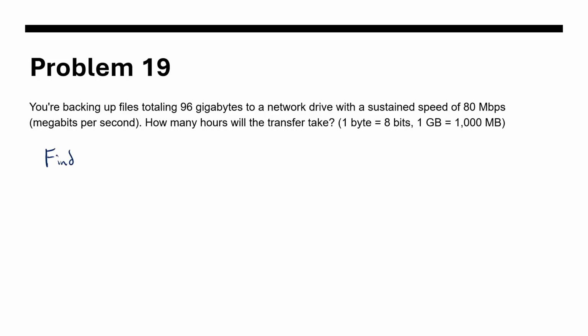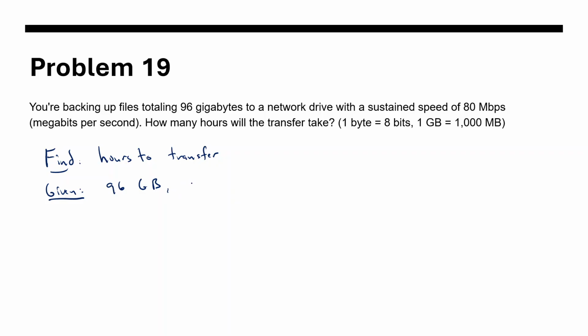What are we trying to find? We're trying to find hours to transfer. So time is what we want, and we want time in hours, right? Our givens is that there are 96 gigabytes on this network drive.